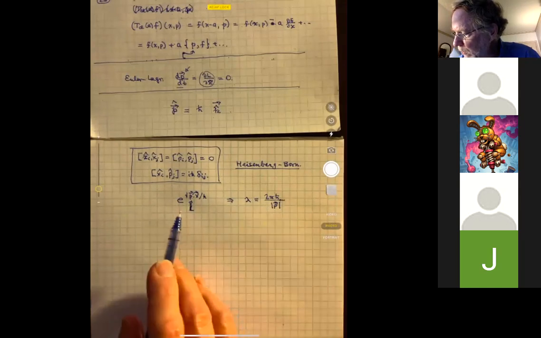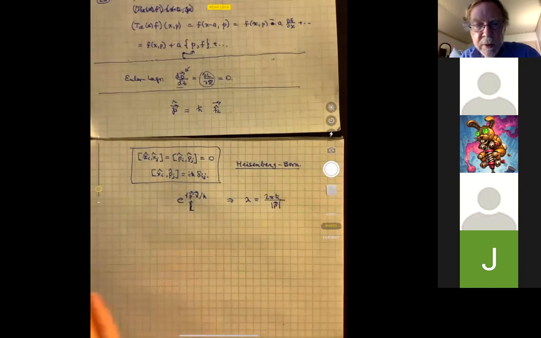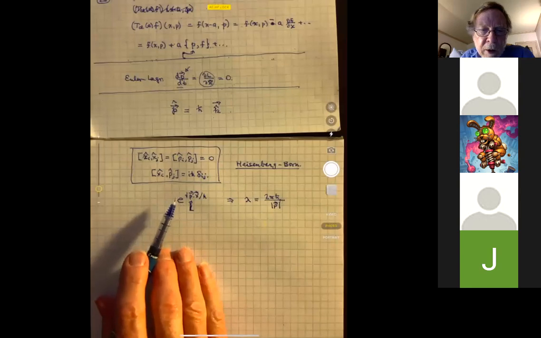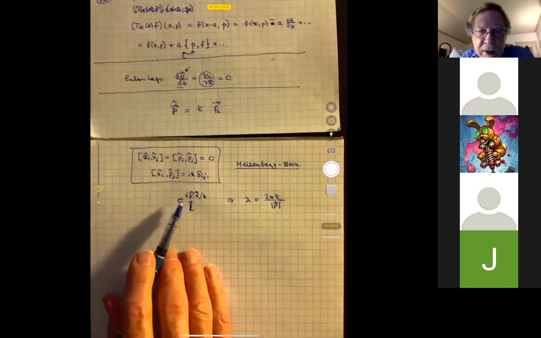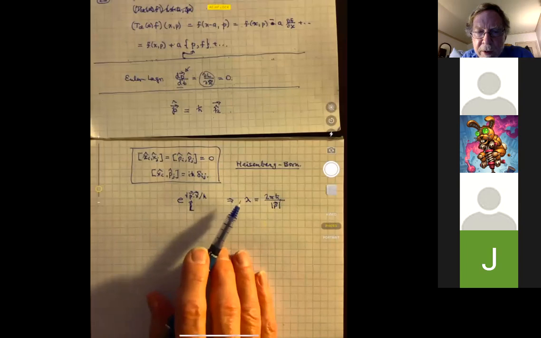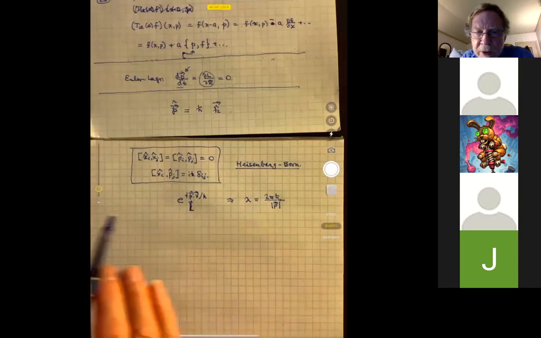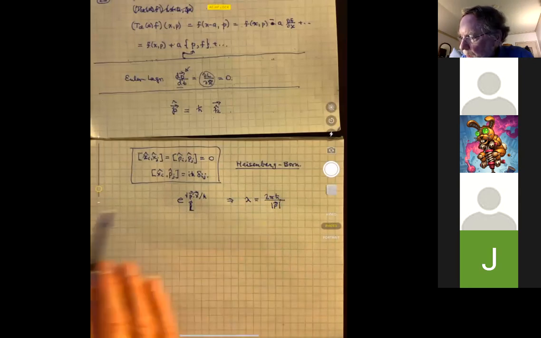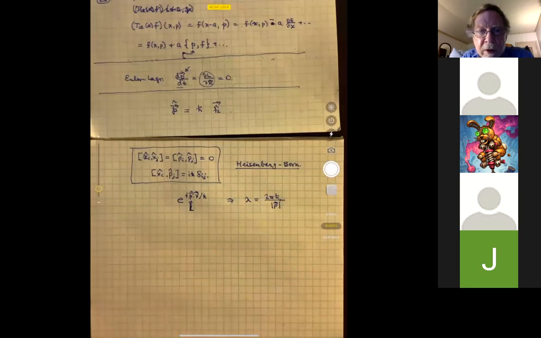And so experiments that involve free particles, or states of free particles that approximate eigenstates of momentum, can be used to determine the de Broglie wavelength. And from that, from the known momentum, you can determine what h bar is. So this is, at least in principle, an experimental method for determining the value of h bar.